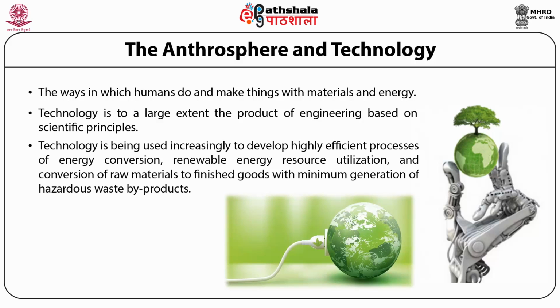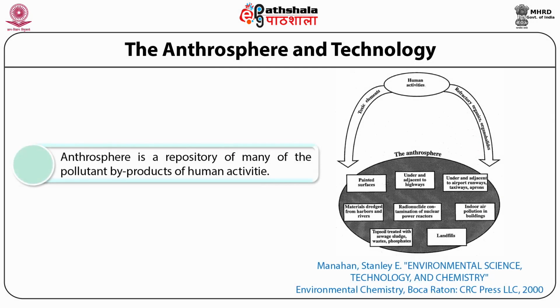The technology is being used increasingly to develop highly efficient processes of energy conversion, renewable energy resource utilization, and conversion of raw materials to finished goods with minimum generation of hazardous waste byproducts. Anthrosphere is a repository of many of the pollutant byproducts of human activities.